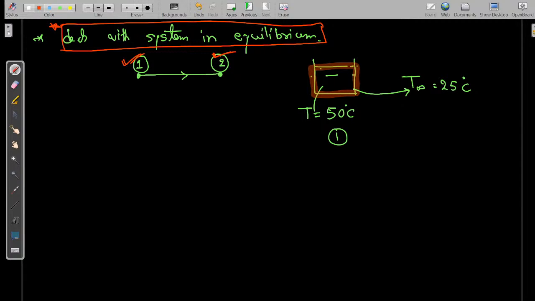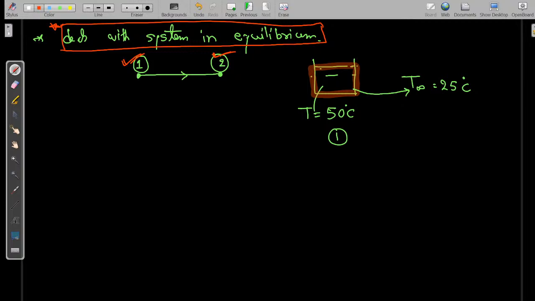Then, the subject developed well before people knew about atoms and molecules. So the thermodynamic subject mainly deals with the macroscopic properties of matter.